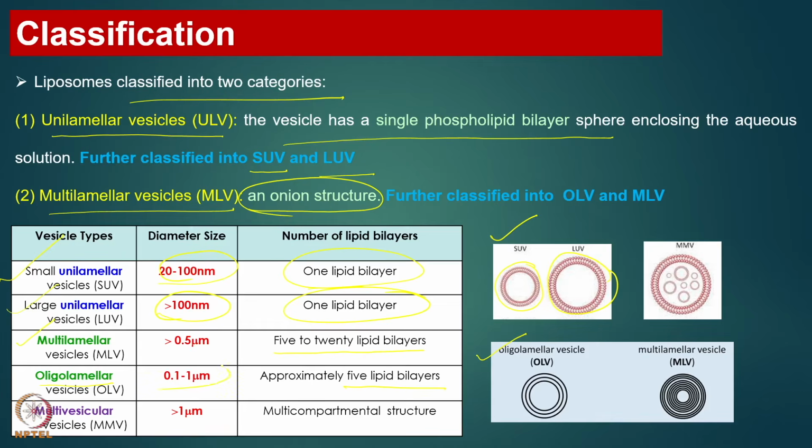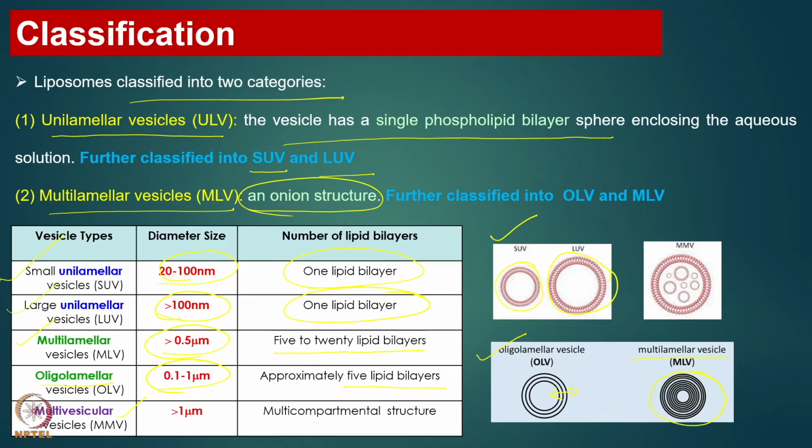The size is 0.1 to 1 micron, whereas here the size is more than 0.5. So, oligolamellar has very few layers, whereas multilamellar looks like an onion-like structure with more than 5 layers, going up to 20 lipid bilayers.